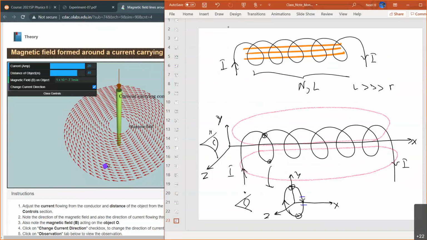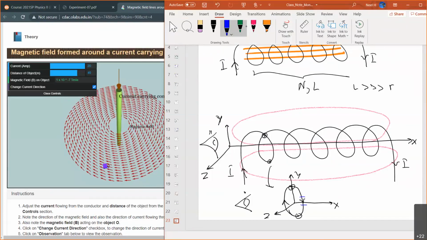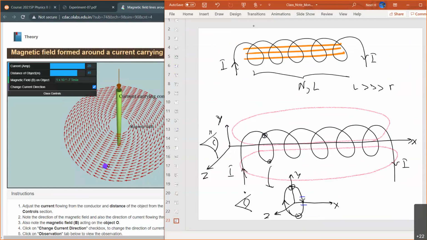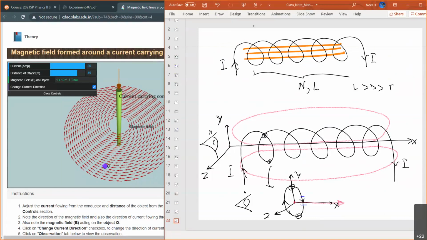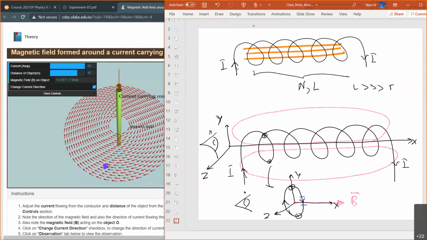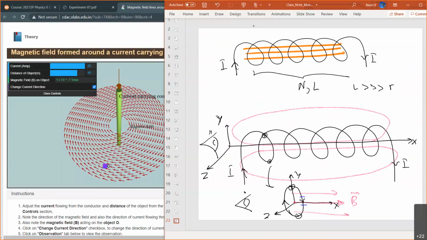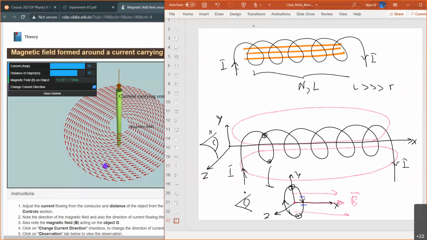If you do this, you can see the magnetic field line looks like it's going into the loop. Exactly at the center, it's going to look like that. That's the magnetic field line direction. So inside this loop, because of that, the magnetic field line is directed from left to right, okay?